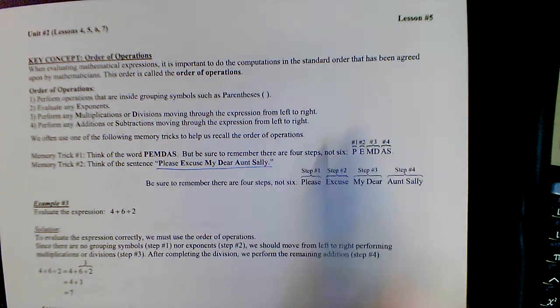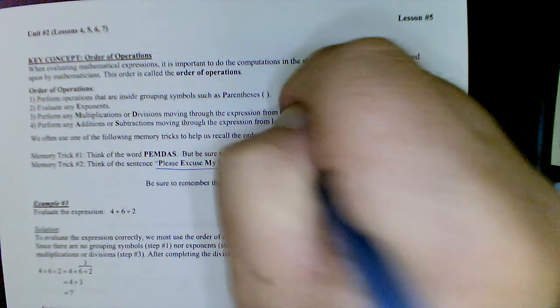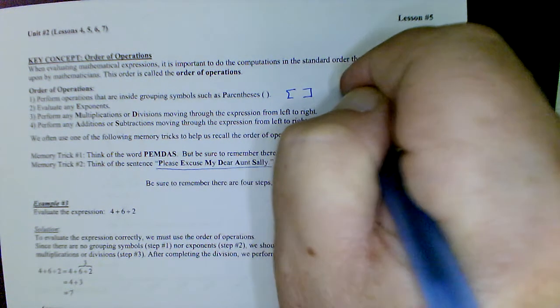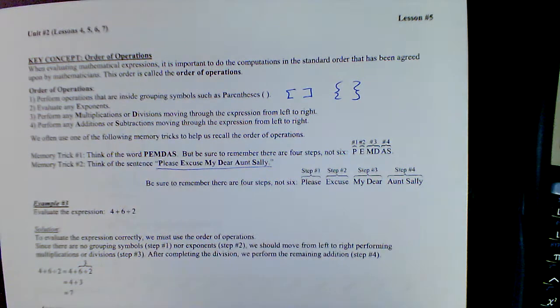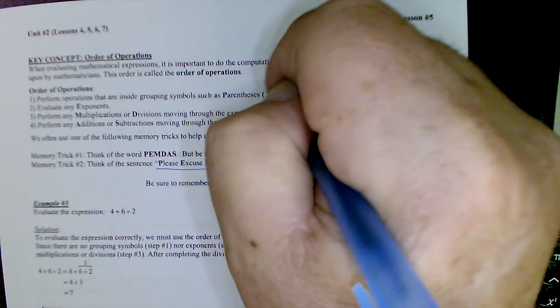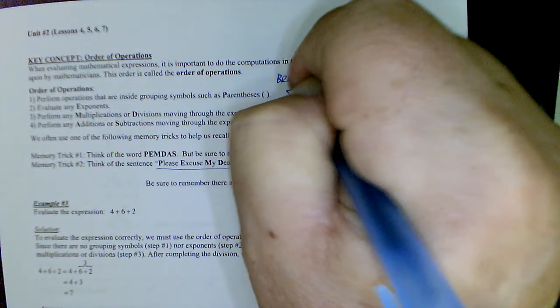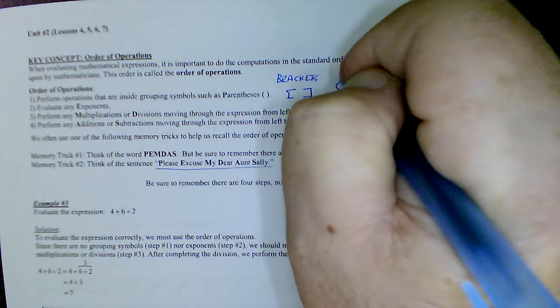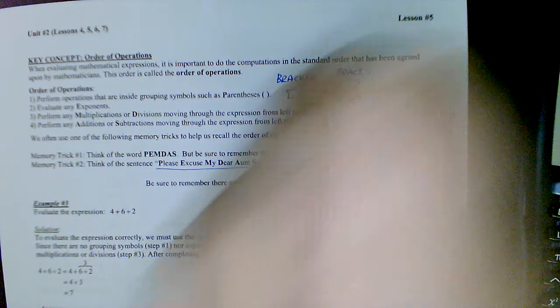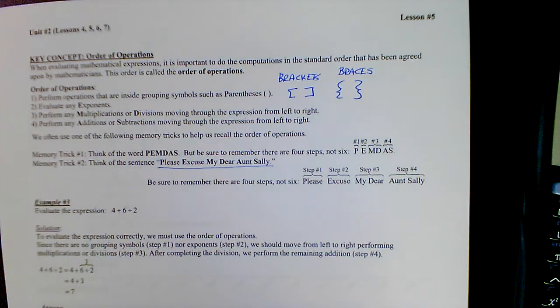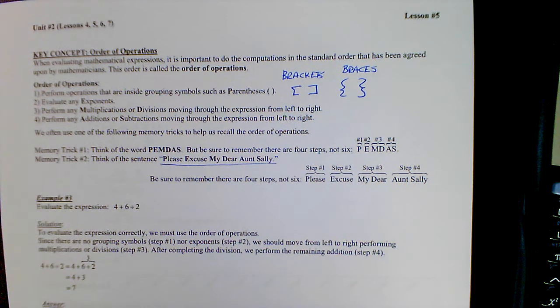Could be parentheses, could be the square brackets, could even be the fancy braces. So the square ones are called brackets, and the fancy ones are braces. So those are all considered grouping symbols. But the P is used to represent the grouping symbols, primarily parentheses.